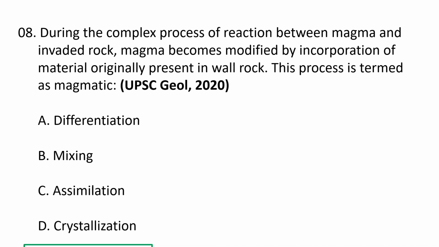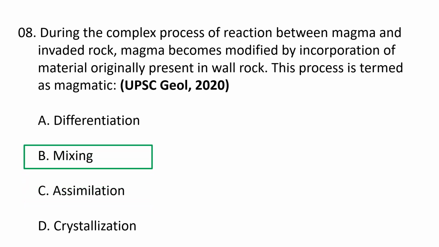The correct answer is mixing. So here in this magmatic mixing process, there is a complex reaction between the magma and the invaded rock, and the magma becomes modified by incorporation of the material which is already present in the wall rock, and this is overall known as a magmatic mixing process.